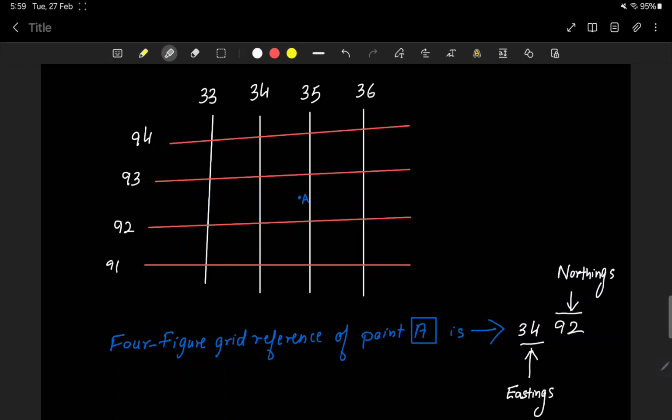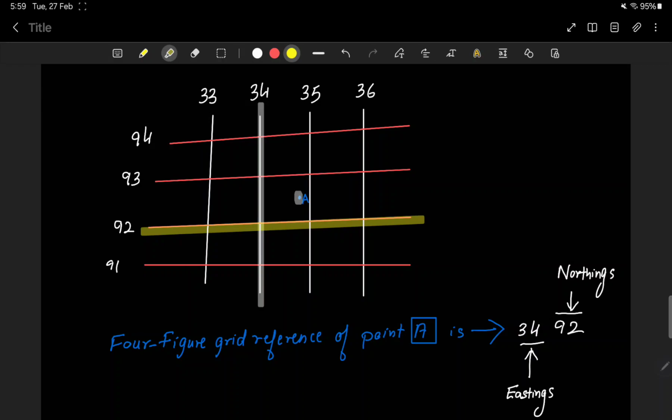As you can see in the grid, this is the easting, 34, for point A, and this is the northing, 92, for point A.